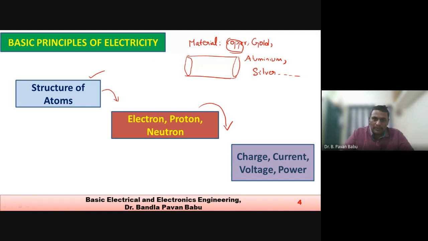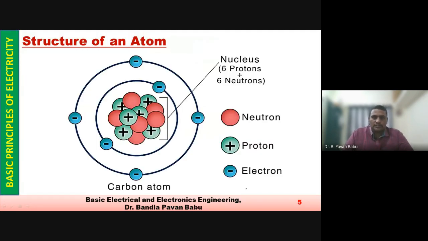So in copper, we will have this structure. This is the structure of an atom. These are some of the elements in matter. In that material we can observe these things. It consists of atoms; a group of atoms creates matter. In an atom, what is happening?